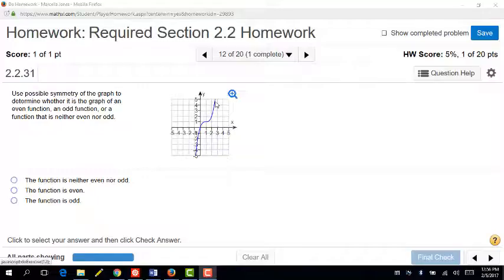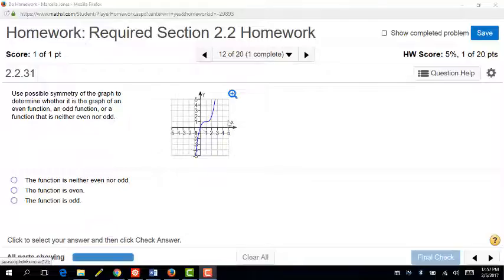So the graphical part that is on the right side of the y-axis will have a mirror image on the left side of the y-axis. So you would see something that looks like what I'm sweeping out with my pointer if this were indeed an even function.